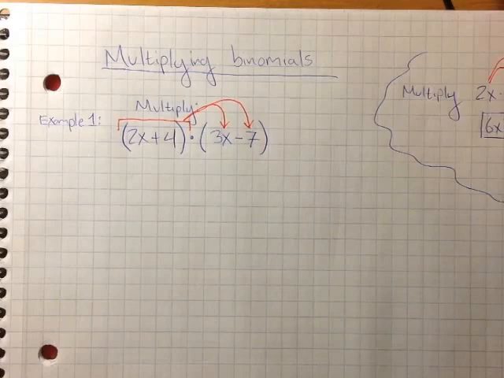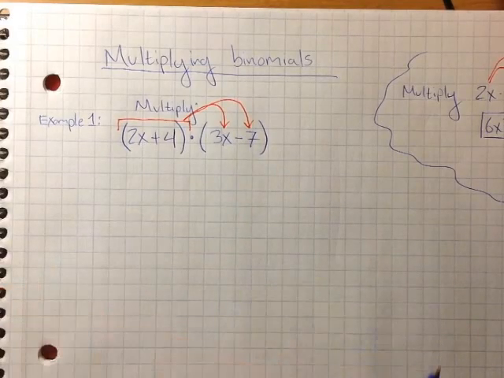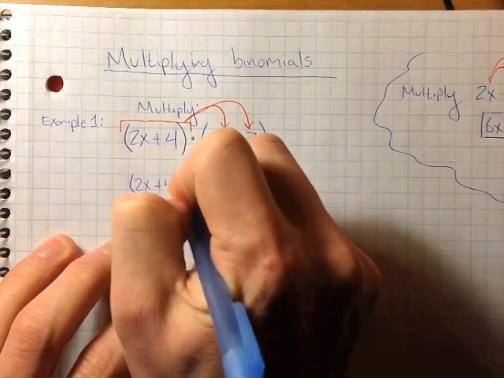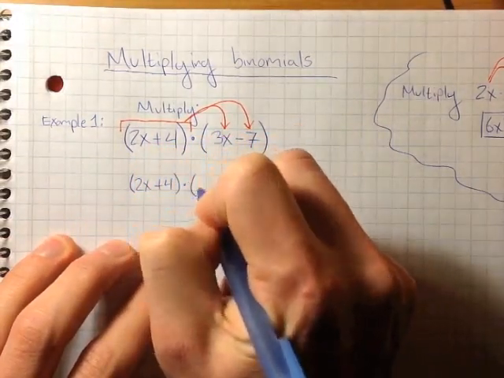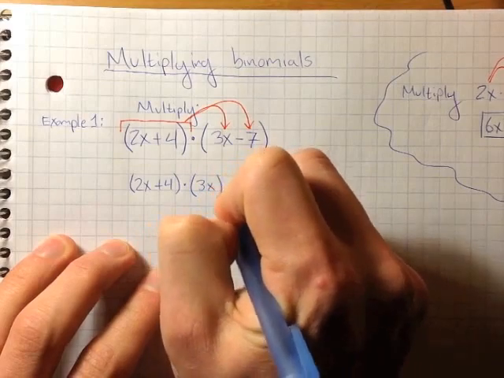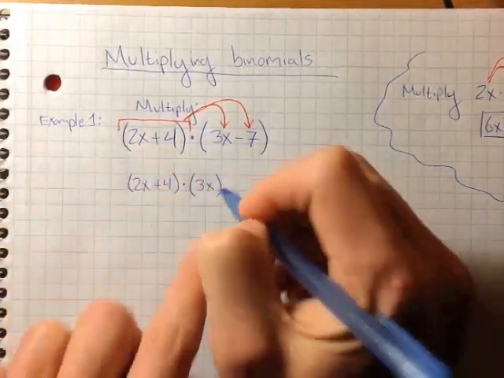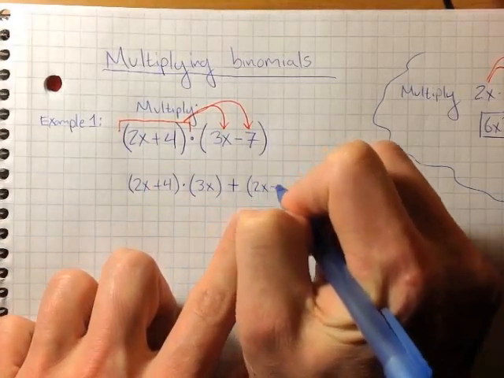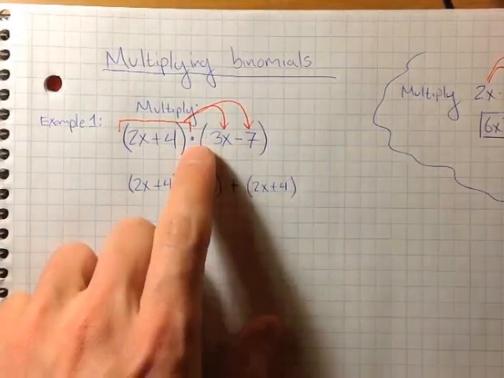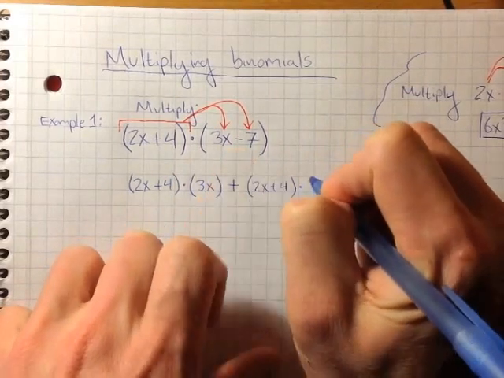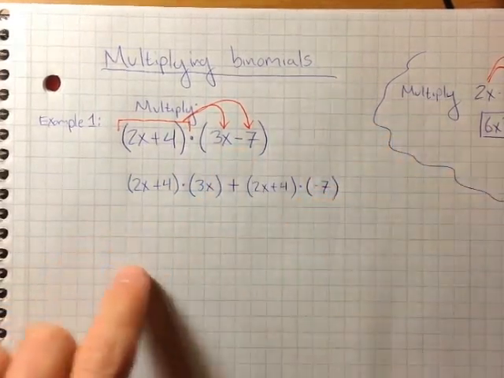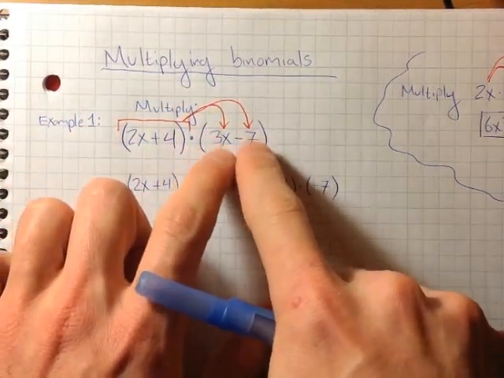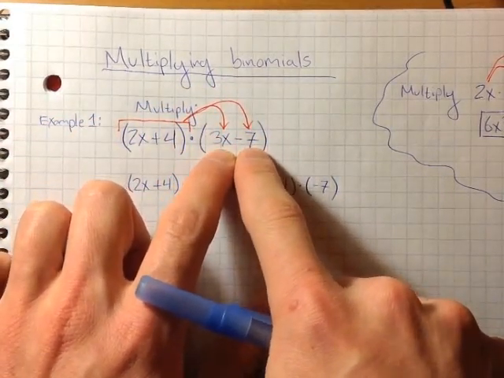So watch how this is going to work. 2x plus 4 inside of parentheses still, times inside of parentheses 3x, and then plus 2x plus 4 inside of parentheses again, times negative 7 inside of parentheses. Notice that all we did was distribute this whole thing to both of the terms inside the second binomial.